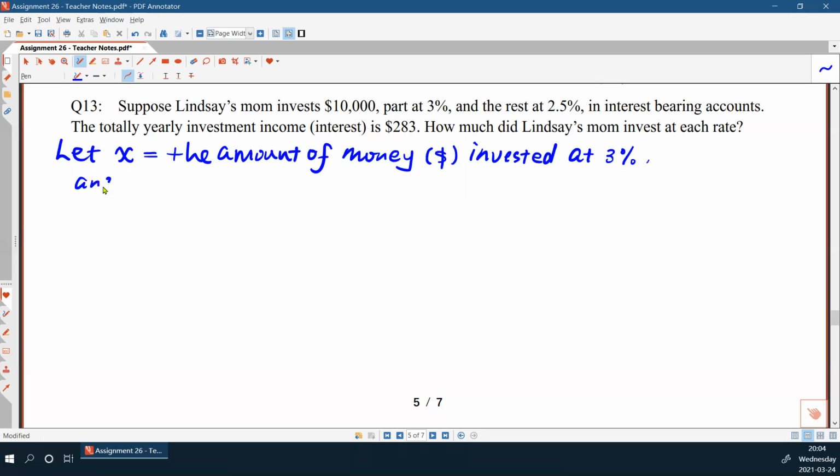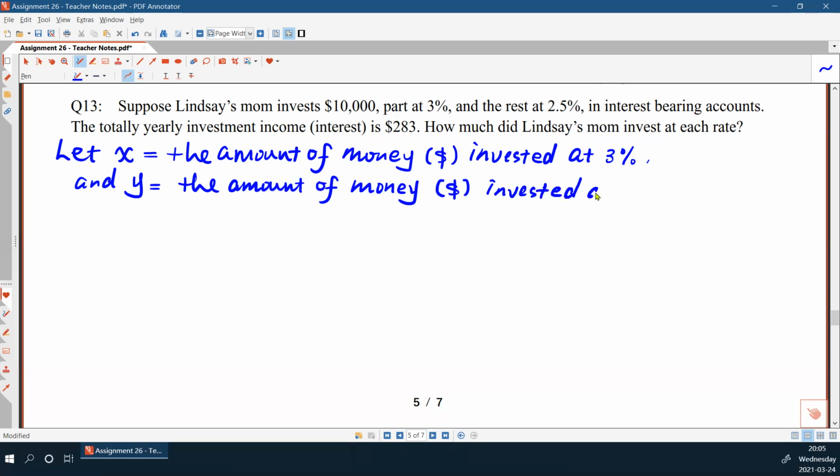And Y stands for the amount of money, the unit is dollars, invested at 2.5%. And now we want to know the value of X and Y, right?